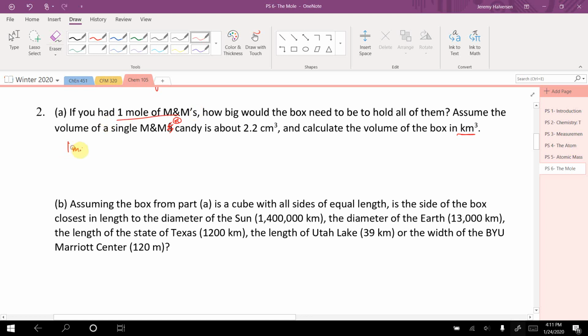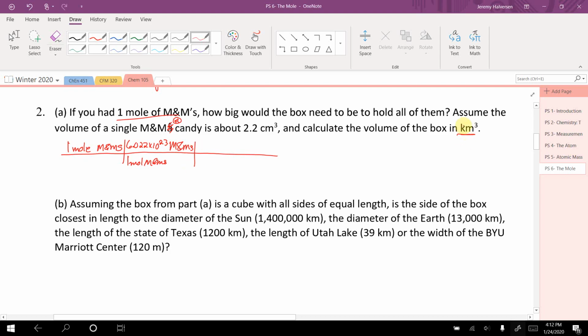So I'm going to write 1 mole of M&Ms. Well, how many M&Ms is 1 mole of M&Ms? Well, 1 mole of M&Ms is 6.022 times 10 to the 23rd actual M&Ms.